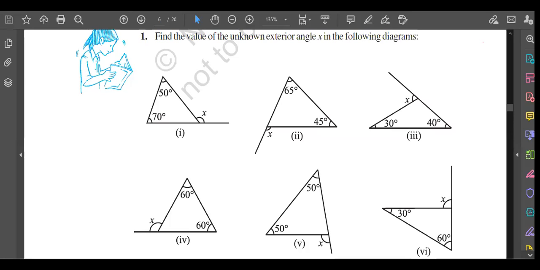Very good. Fourth is 120 degrees. Fifth, 100 degrees. Sixth, 90 degrees.